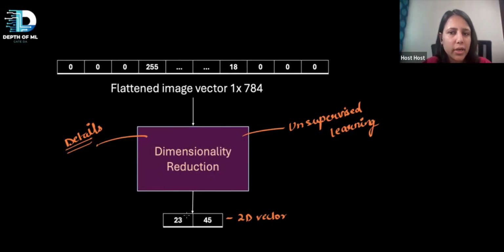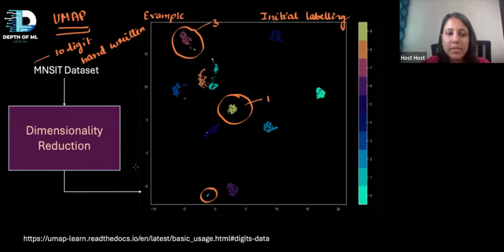This is just an introductory lecture. We will see a particular algorithm called PCA in detail, but this is just a gist of it. The gist is clear. I'm saying if MNIST did not have a labeled dataset, this is how you would have obtained initial labeling for MNIST.